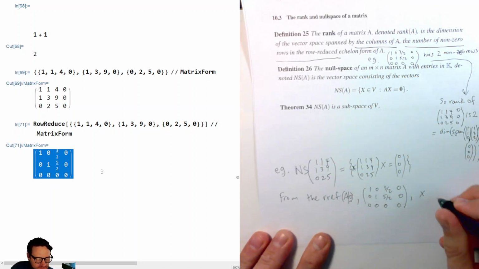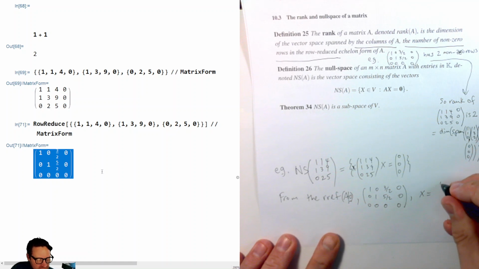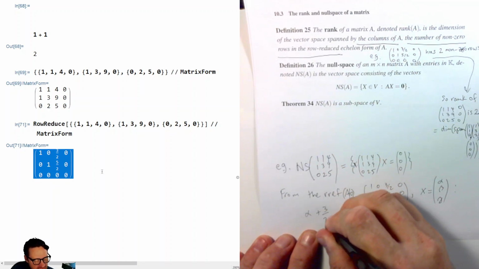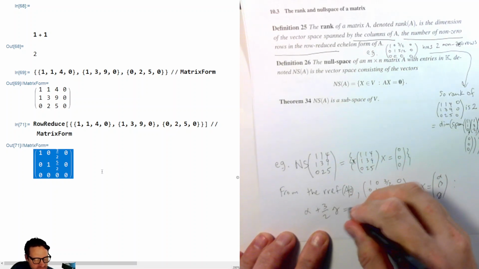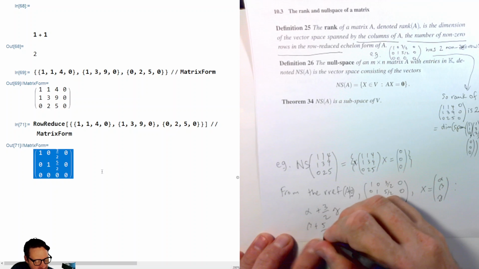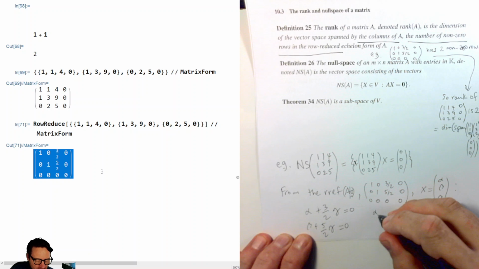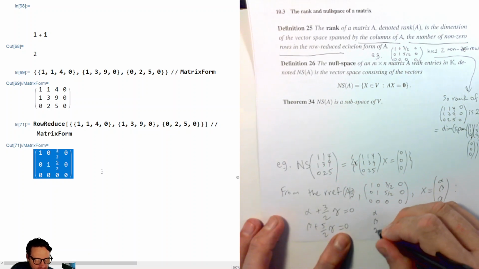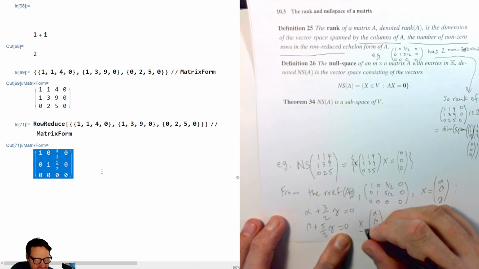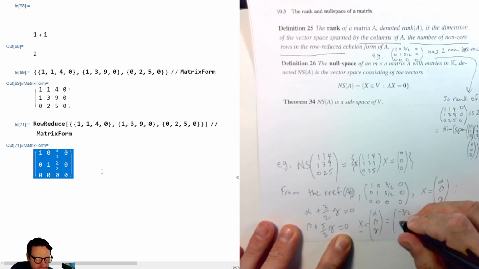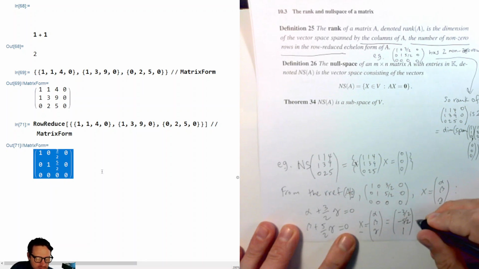We have x equal to, say, alpha, beta, gamma, which satisfies alpha plus 3/2 gamma is 0, beta plus 5 over 2 gamma is 0. And so then we can write alpha, beta, gamma, which is x, as minus 3 over 2, minus 5 over 2, and 1 multiplied by gamma.